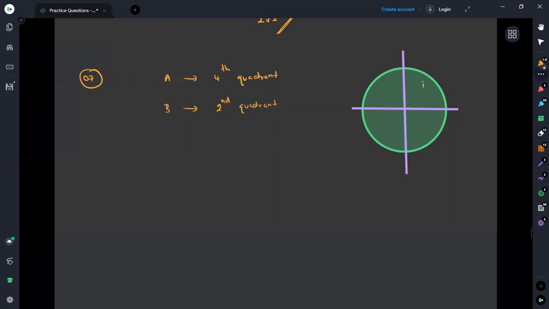If you draw quadrants 1, 2, 3, and 4, what we know is angle A is in the fourth quadrant and angle B is in the second quadrant.